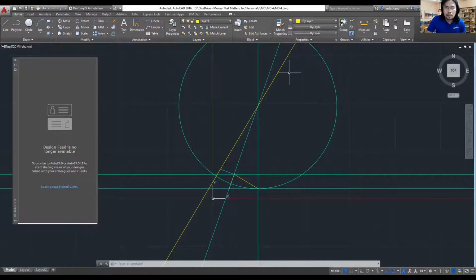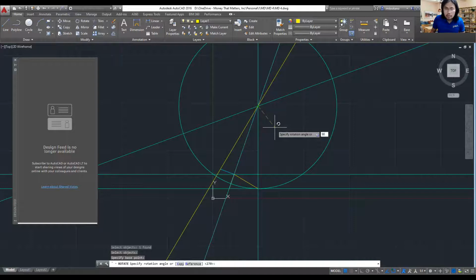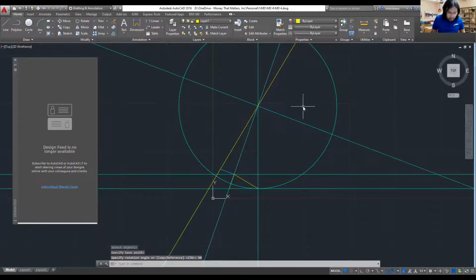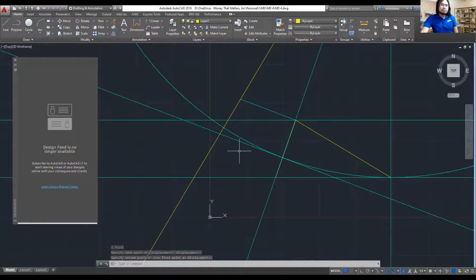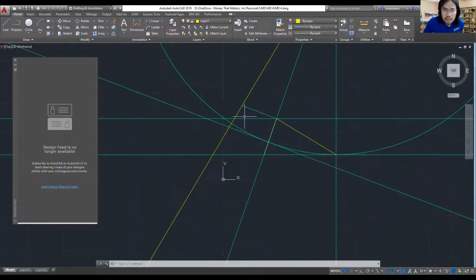Okay, I'm going to rotate it 90 degrees. Right, so we will now move that from this point, that point, so that we can get the actual value of this VC, and that would now be what?